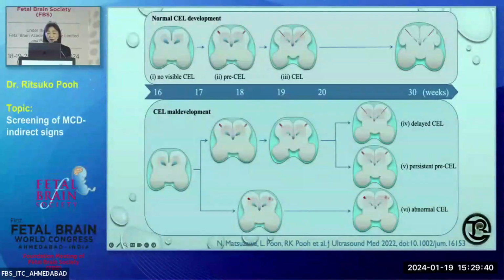Of course, we had 31% of the MCD cases with a normal appearance of the CEL. However, delayed CEL or persistent pre-CEL and abnormal CEL may be used to find cases at risk of subsequent MCD.